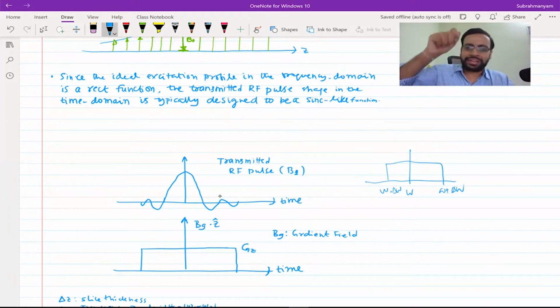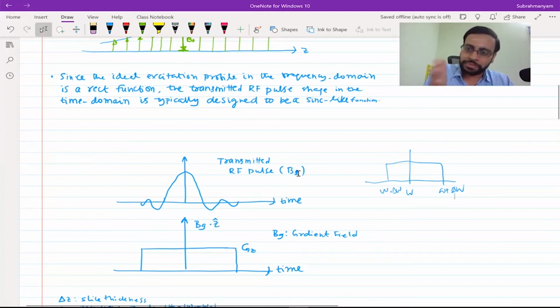This will become more and more clear as we move further. The transmitted RF pulse, or to be more precise, the envelope of the transmitted RF pulse, which we were referring to as the B1 field, would look something like this.